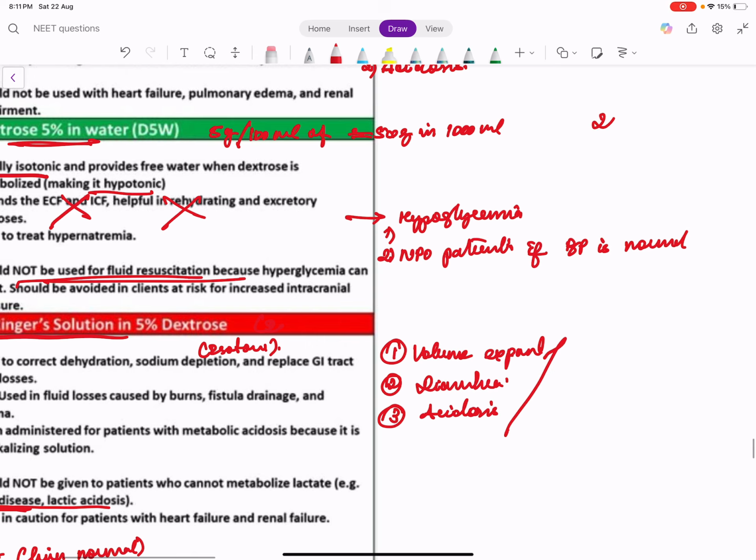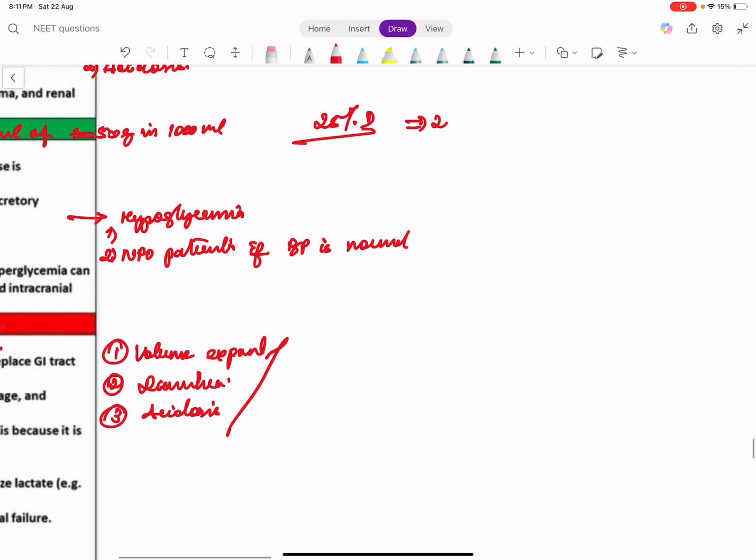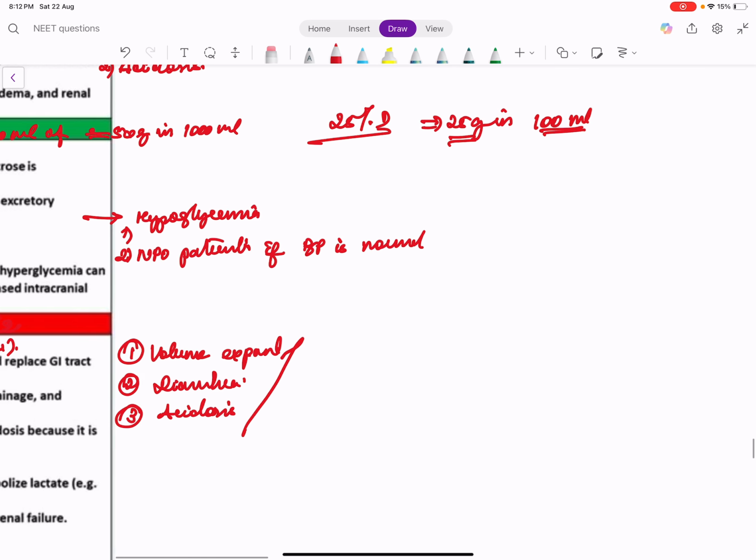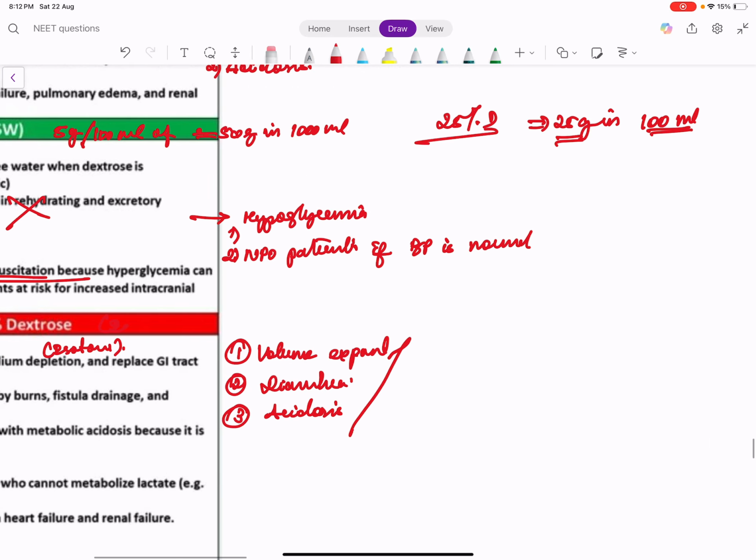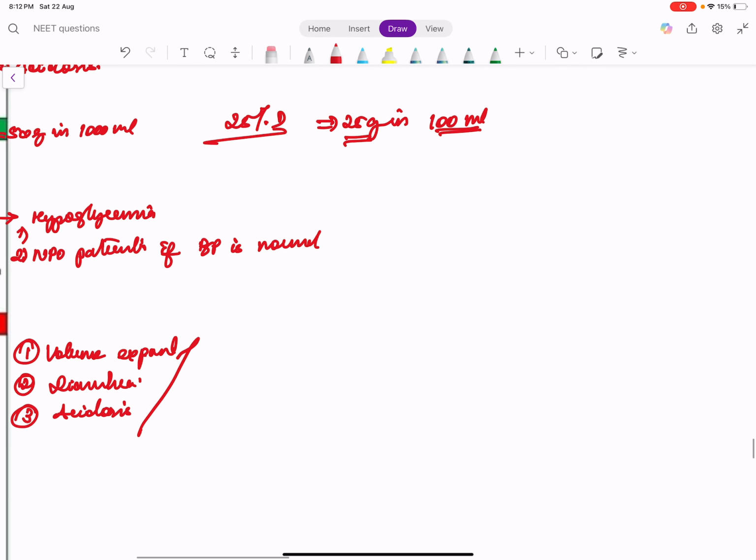Similarly there is 25% dextrose. 25% dextrose is 25 grams of glucose in 100 ml. So it comes as 100 ml bottles. If you compare it with 5% dextrose, a 500 ml bottle of 5% dextrose also has 25 grams of glucose.